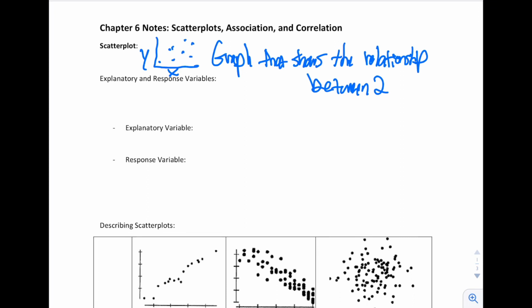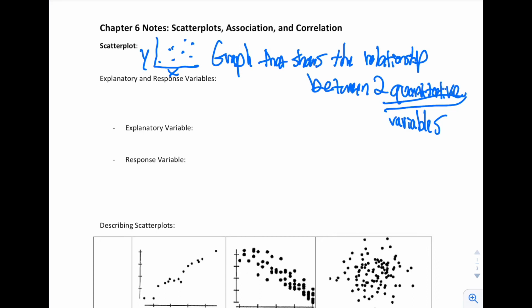Not categorical variables. We're not going to be dealing too much with categorical variables outside of that first unit.